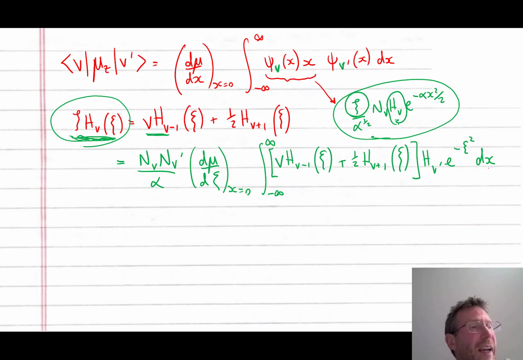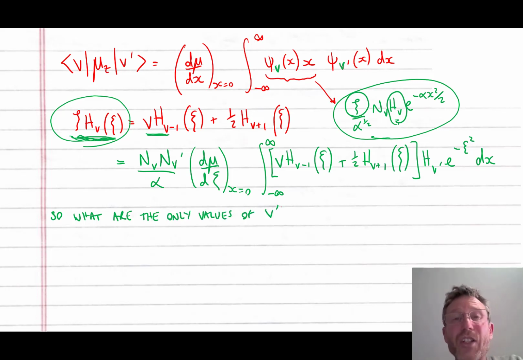But the final question I'm going to ask is, what are the only values of v' for which the integral does not vanish to 0? Really what I'm saying is, what are the only values of v' for which I actually get a non-zero transition dipole moment? That means I'm going to actually get a transition.